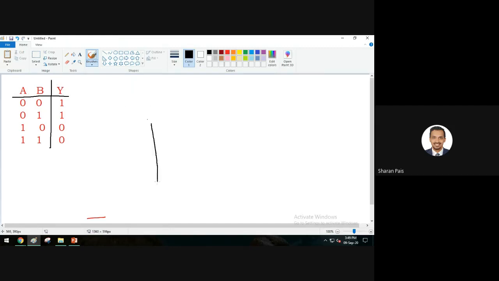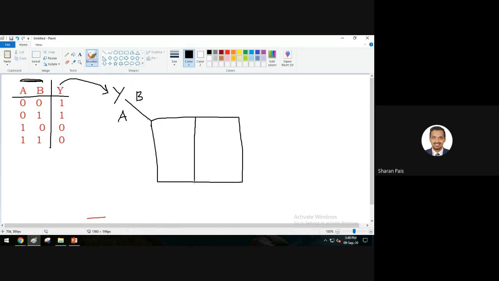So table, y represents my output. So two values are there here as inputs. So one horizontally, one more input is vertically. So whenever you are having two values, 2 to the power 2 means 4 possible locations.